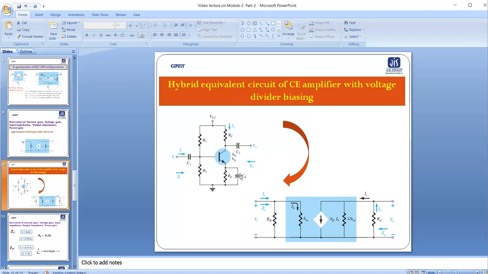But if we connect a capacitor in parallel with it, any AC signal will not flow through the resistor, rather it will flow through the capacitor, and therefore no negative feedback will occur during the AC analysis. So that's why this C is called the bypass capacitor.